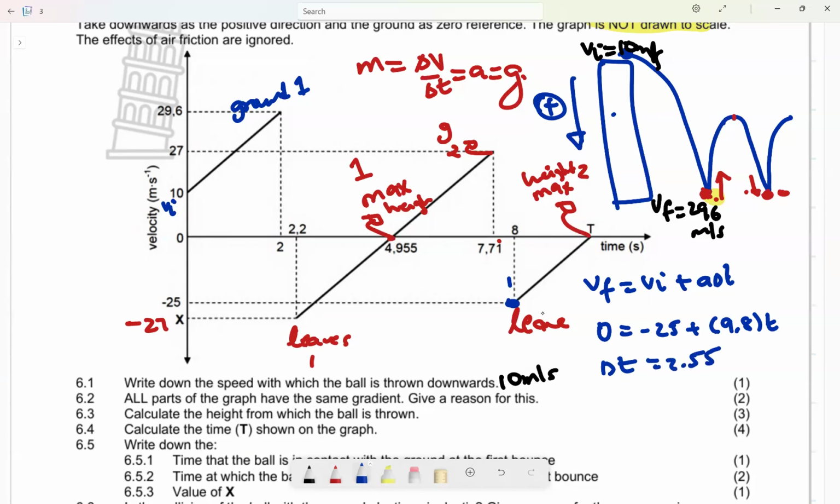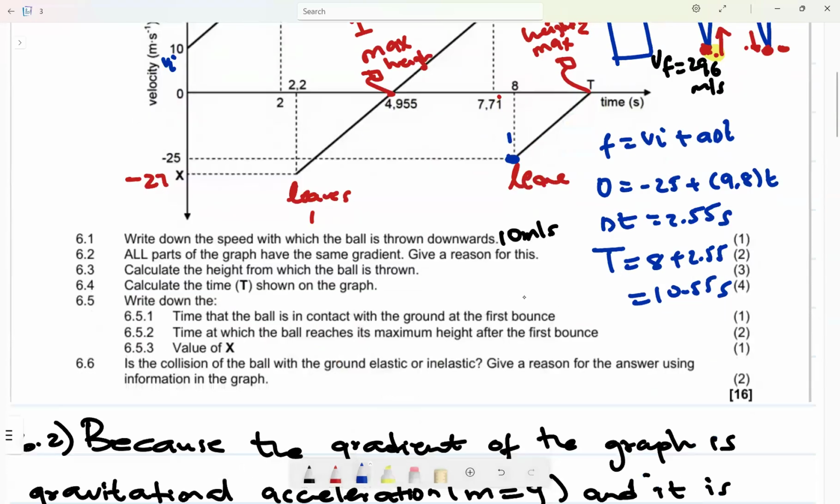But this time is only from here to here, while time t is the whole part. So t is going to be 8 plus 2.55, which gives you 10.55 seconds.